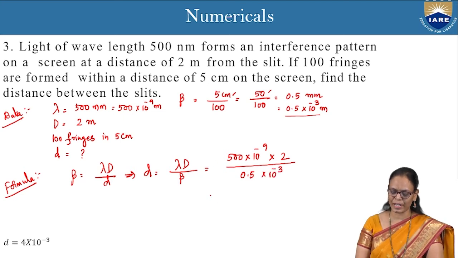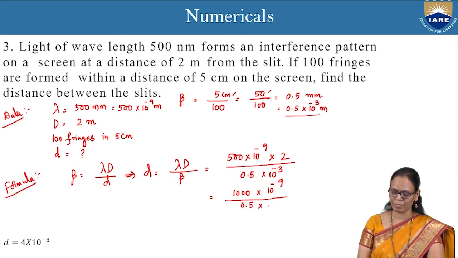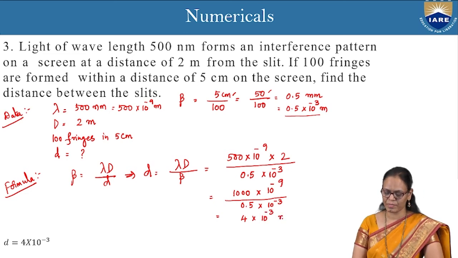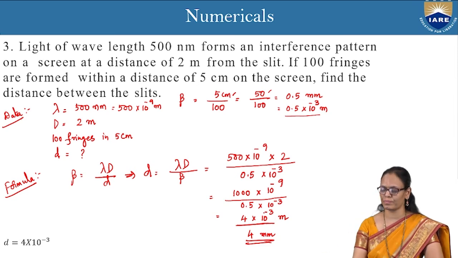So we can simply write it as 1000 into 10 power minus 9 divided by 0.5 into 10 power minus 3. This gives us 4 into 10 power minus 3 meters. We can write it in millimeters, so 4 millimeters. Directly you can express it in millimeters also.